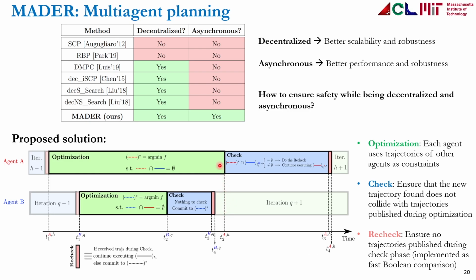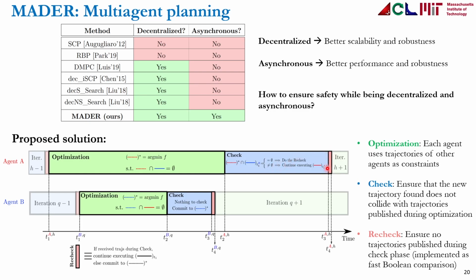That's the reason why agent A needs to run this check step, where the goal is to make sure that the optimal trajectory does not collide with the trajectory that agent B is executing. So if this check is not satisfied, then agent A will keep executing the trajectory it had at the beginning of the optimization. But if this check is satisfied, then agent A needs to move to the recheck step.